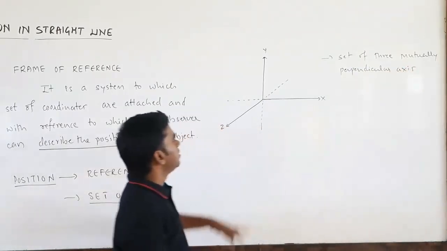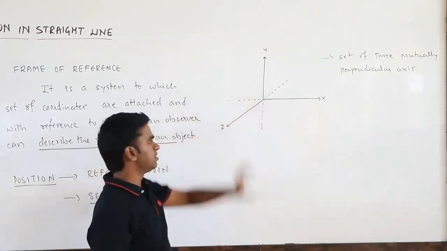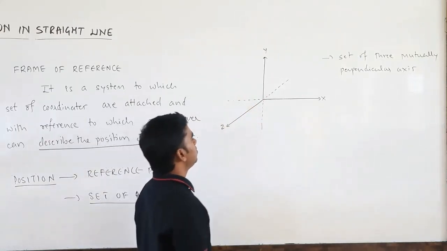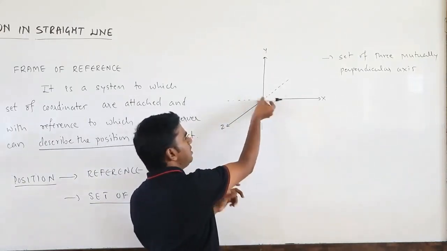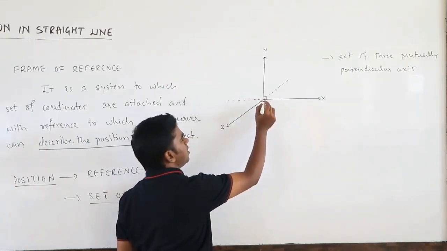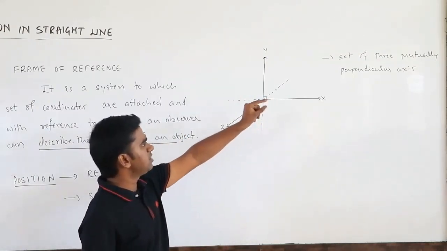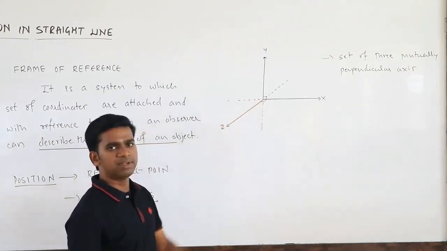Got it? Mutually means they are perpendicular to each other. If this is perpendicular to this one, this is perpendicular to that one. That is why we have considered a set of three mutually perpendicular axes.